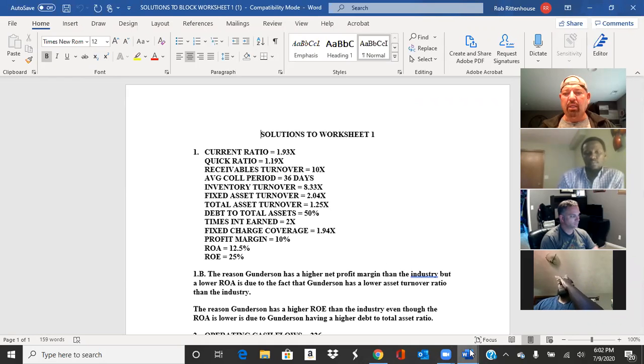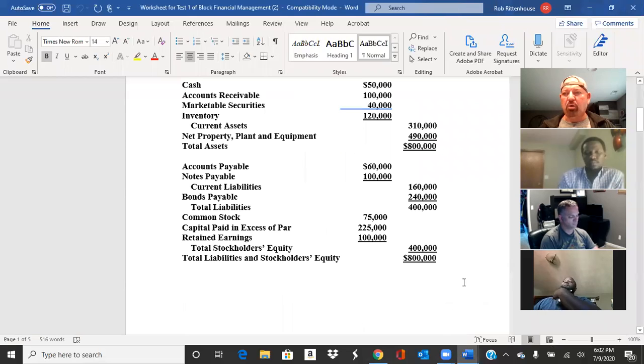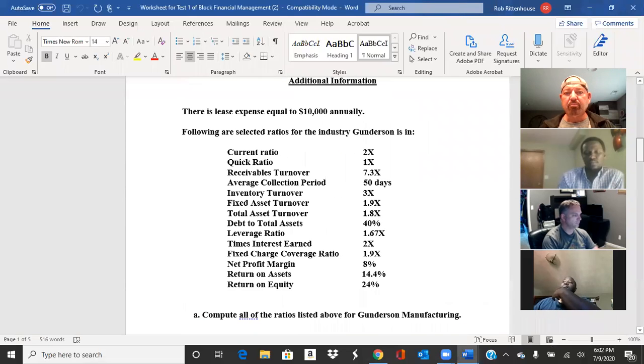And if we compare that to the industry, ours is 1.25. The industry total asset turnover is 1.8 times. So we are not turning our assets over with sales nearly as much as the rest of the industry. So we're not selling in the same kind of volume, relatively speaking, as the industry.